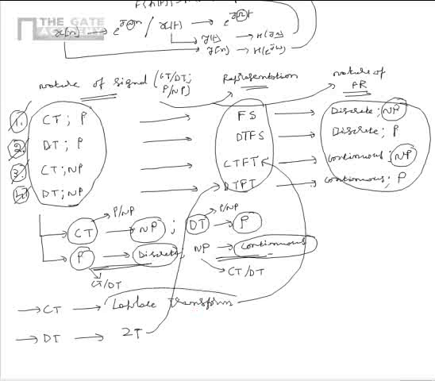We will be talking about the Laplace transform and Z transform in the subsequent chapters. So, as a whole, we can say that the Laplace transform, Z transform, Fourier series, DTFS, CTFT, and DTFT are different ways of representing a signal in the frequency domain, and the Laplace transform and Z transform are the more generic cases of frequency domain representation of continuous time or discrete time signals, which will be covered in the subsequent chapters.